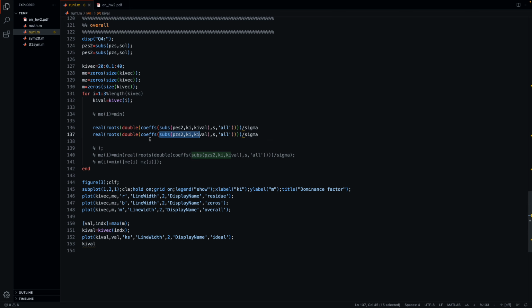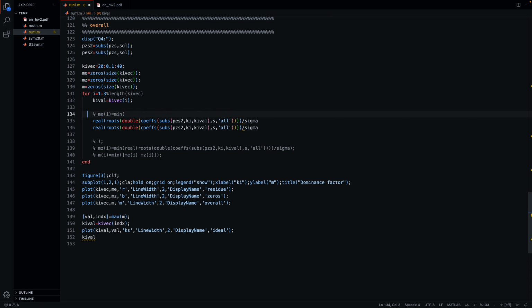So substitute that, take the coefficients, take the roots of them, and then take the real value, divide it into sigma, and then take the minimum. Interestingly, there's no error whatsoever.